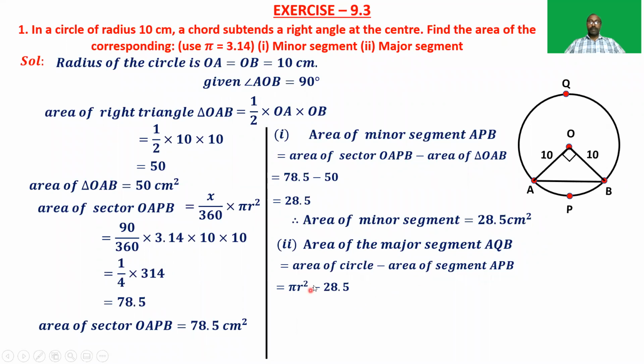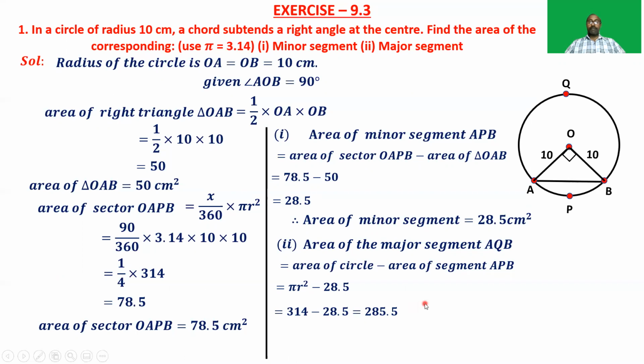So already we found the value of pi r square here as 3.14 into 10 into 10, which is equal to 314. So we can substitute directly 314 in place of area of circle. So this is equal to 314 minus 28.5, which is equal to 285.5.